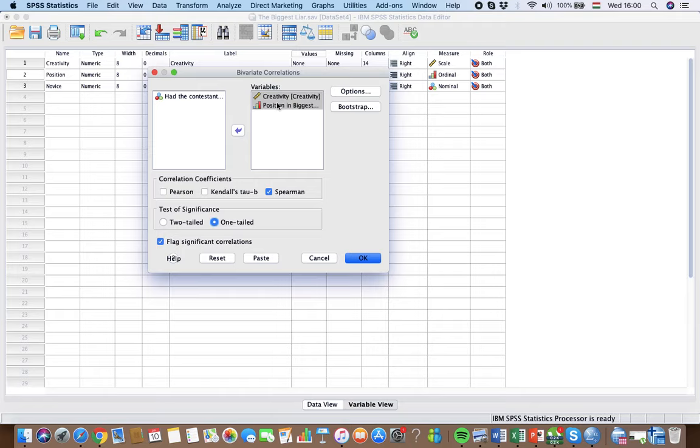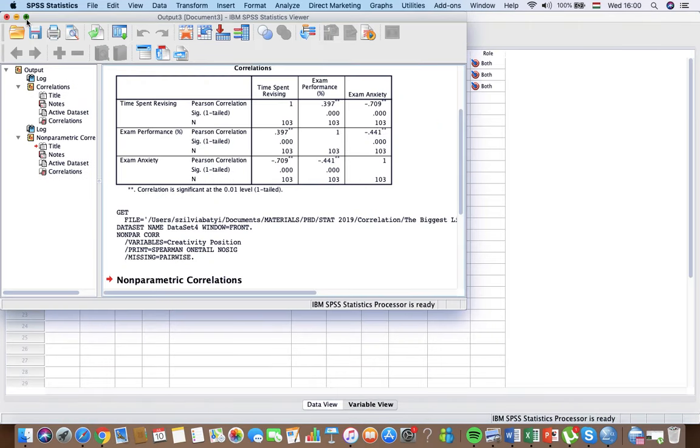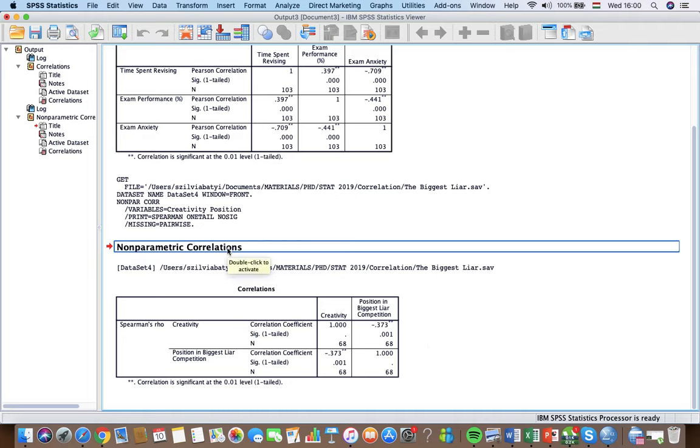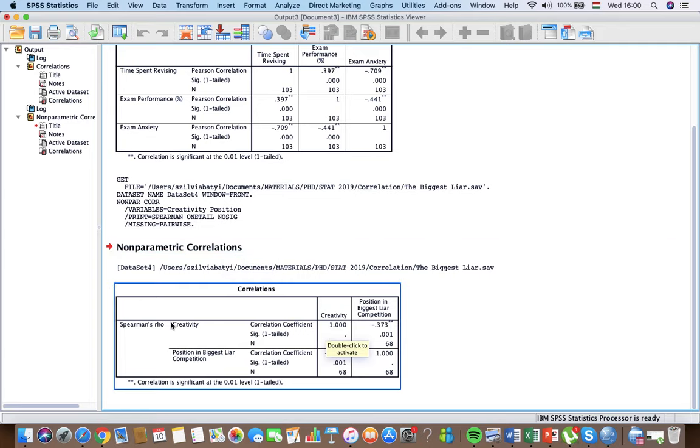We think that the more creative you are, the better position you get. So you correlate, and you can see this is a non-parametric correlation because we have non-parametric data, and what you can see is that there is a significant negative correlation between creativity and the position in the Biggest Liar competition.